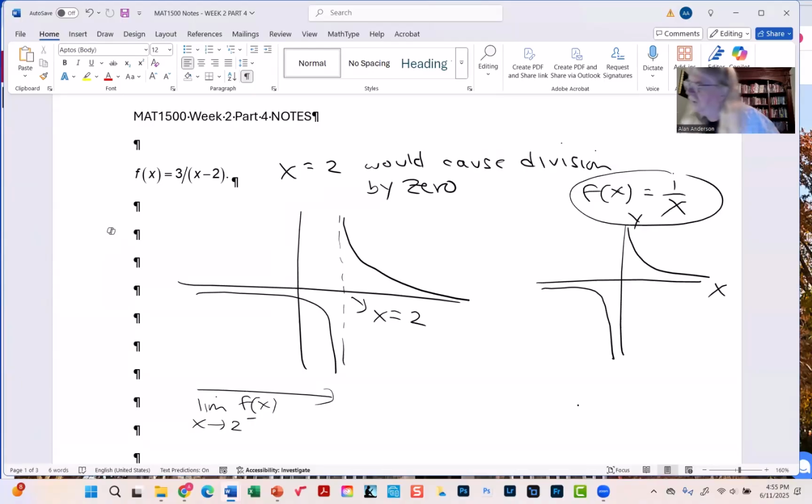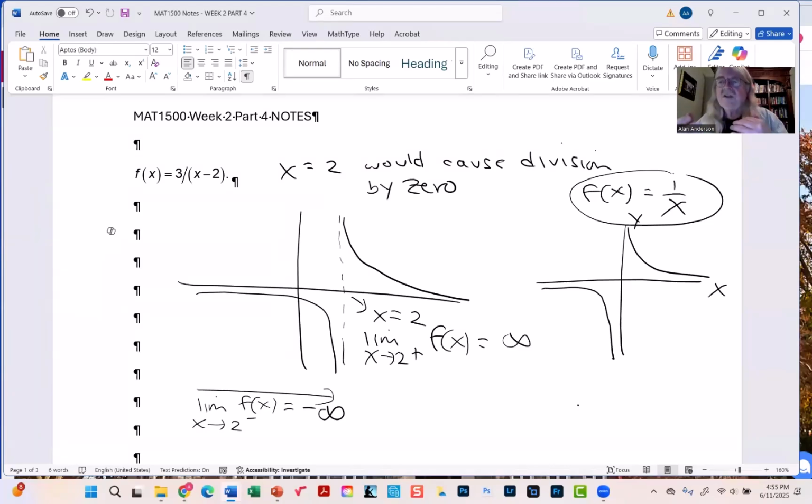And in fact, it's heading towards negative infinity. On the other hand, if we approach 2 from the right, the opposite is happening. On this side of the asymptote, the function is increasing without bound, it's called, which means that this limit is positive infinity, or just plain infinity.